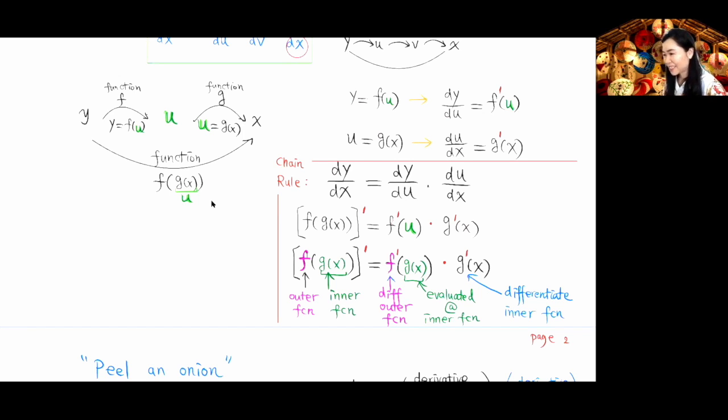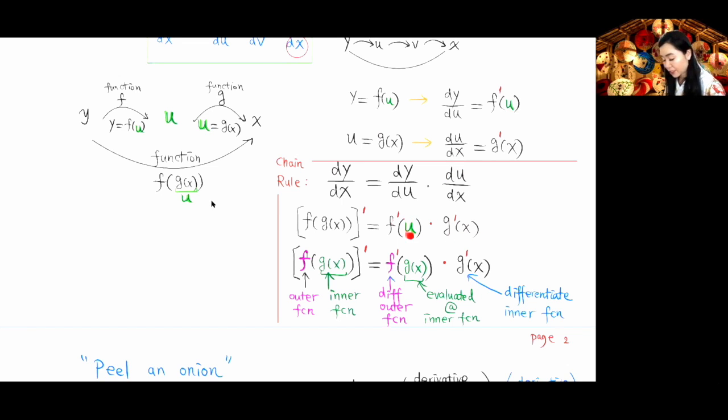So dy du is f prime of u. U is equal to g of x. So du dx is g prime of x, the derivative of this u with respect to x.